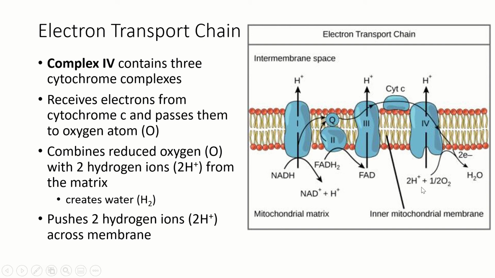Now, it also pushes 2 hydrogen ions across. So we've got 2 that are going to get bound to oxygen to make water and 2 more that get pushed across. So again, we're pushing a ton of hydrogen ions across this inner membrane into the intermembrane space. And that's important because we've created a concentration gradient.